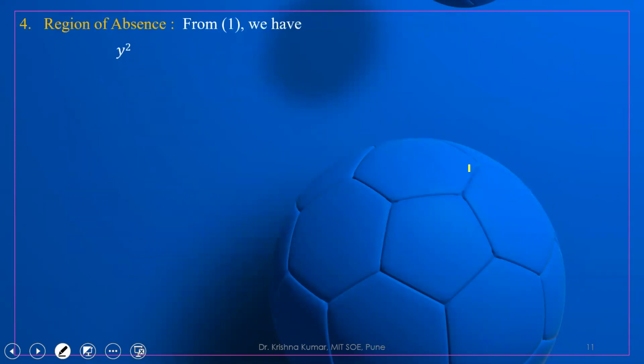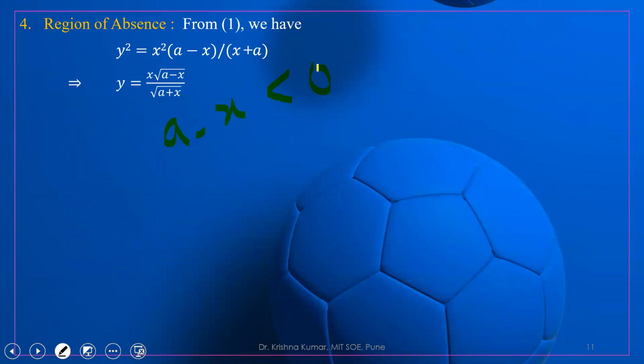Next, region of absence. So y square, we can write down y in terms of x. So clearly here, if a minus x is less than 0, what will happen? Y will be imaginary. If a plus x is less than 0, then also y will be imaginary.